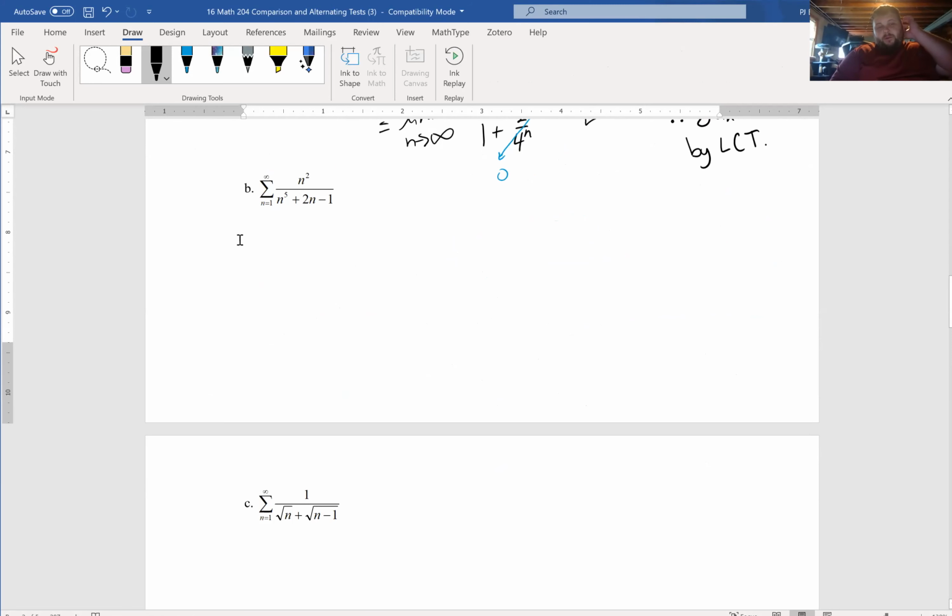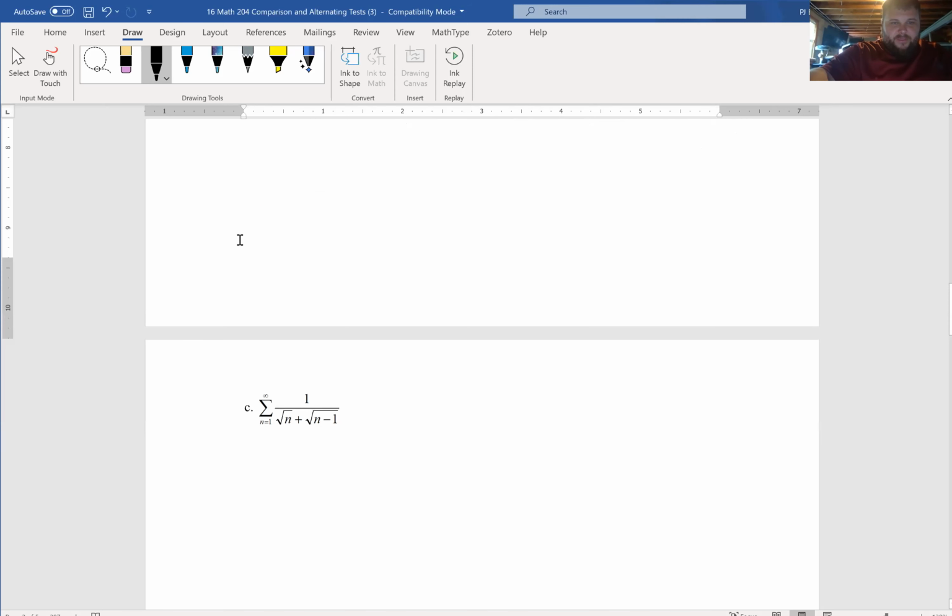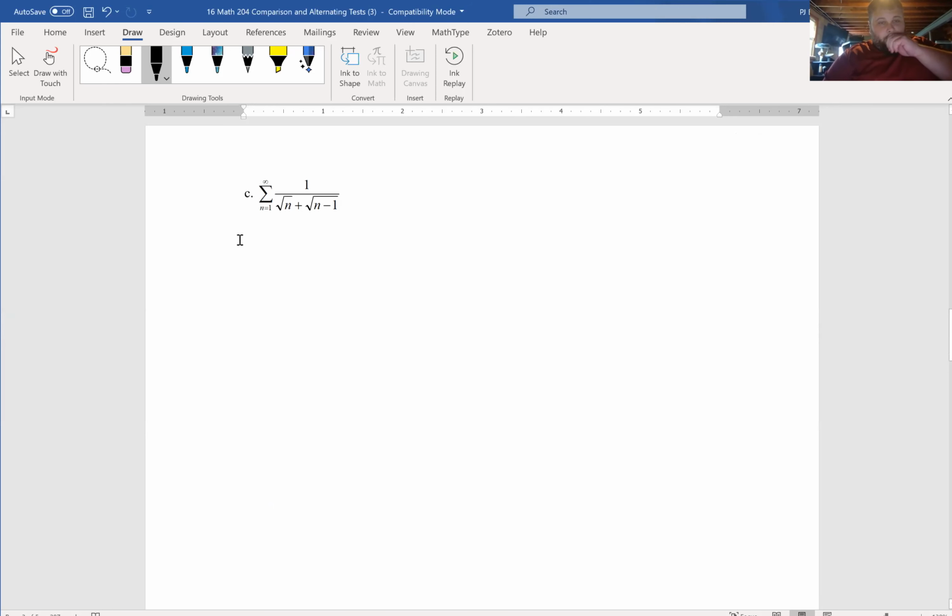I'm trying to think what other one I should do for you. I think I'll go ahead and do C. So again, I need to start with the dominant terms to generate my b sub n. 1 obviously on top, it's the only thing there.